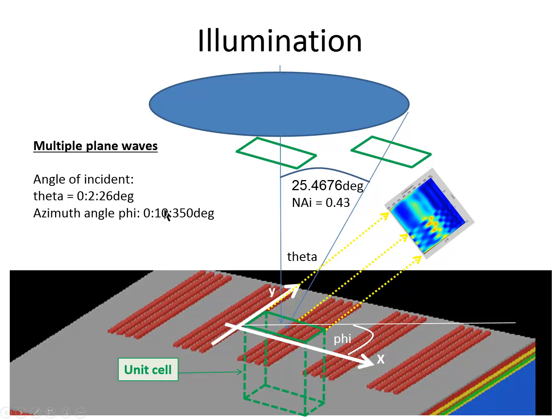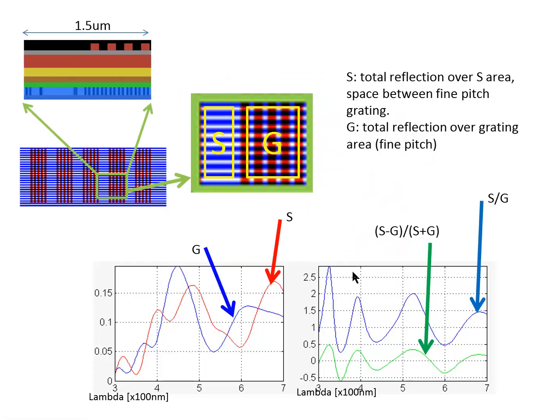I checked it for several theta, but here it's this certain NA. Just to remind you of the monitoring notation, above the grating will be RG or just G, and the space will be noted as S.